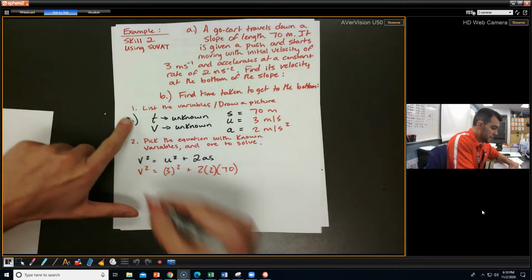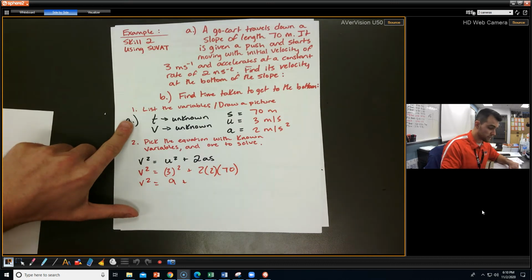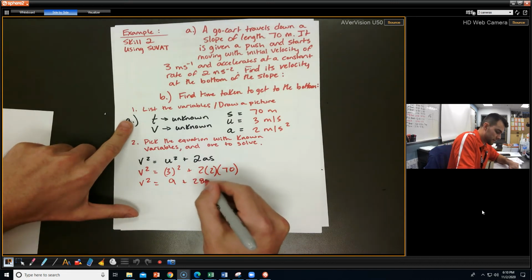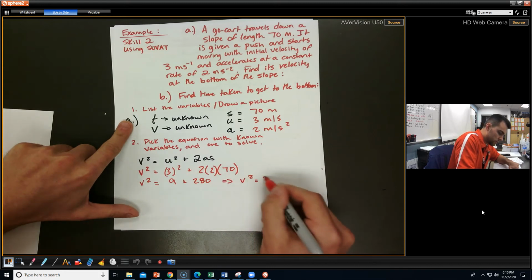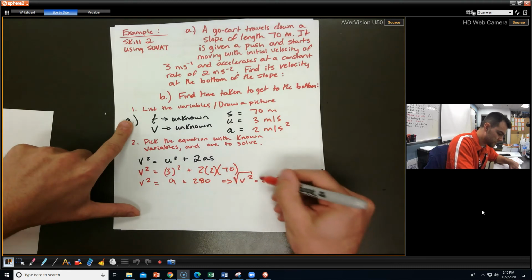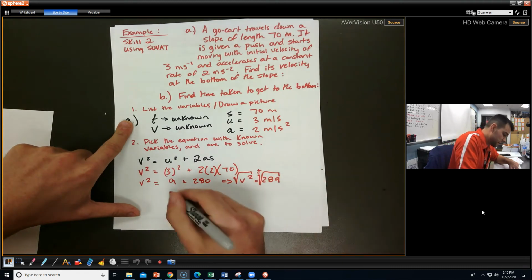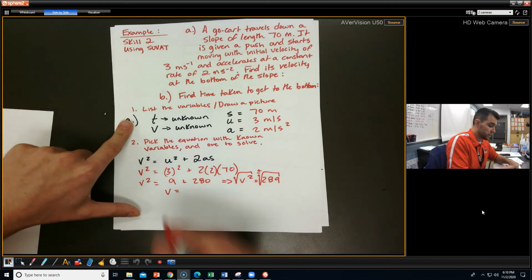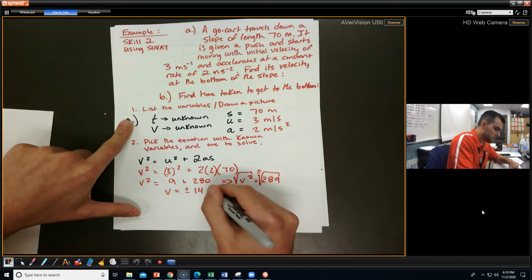And now let's work that guy out. v squared equals 9 plus, we got 4 times 70, that's 280. And so we have v squared equals 289. And if you take the square root of both sides, plus or minus, we're going to end up with v equals plus or minus 14. Plus or minus 14 meters per second.